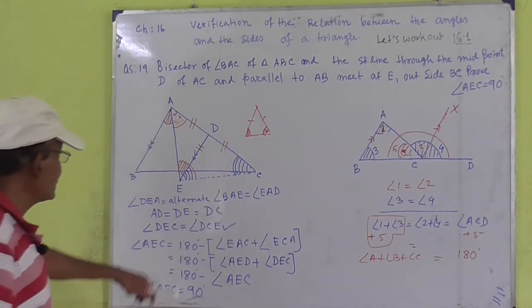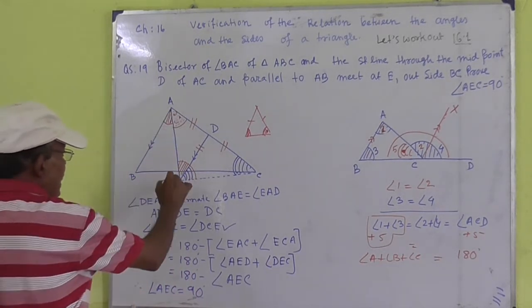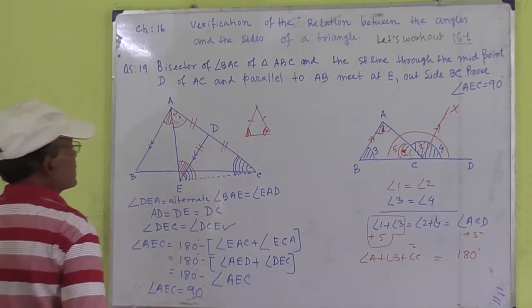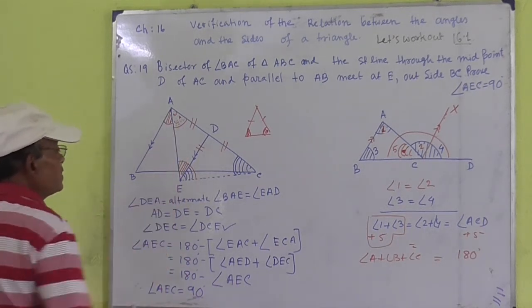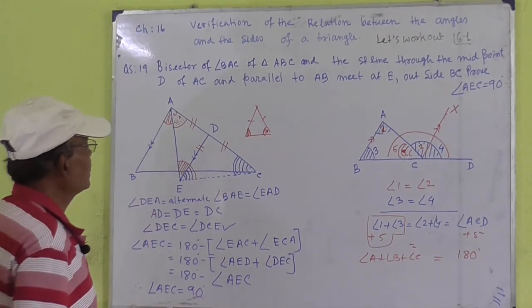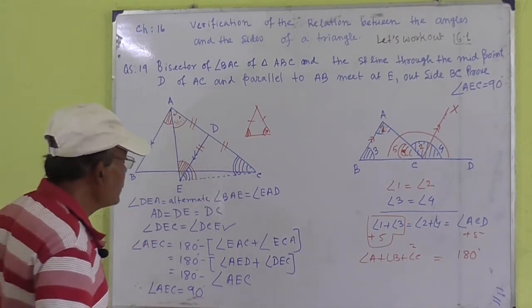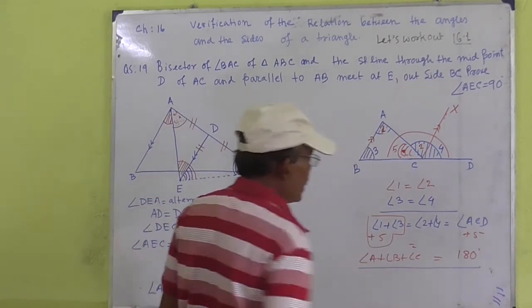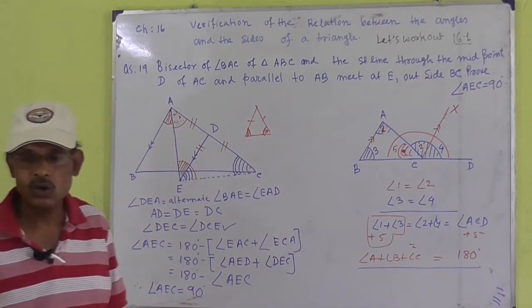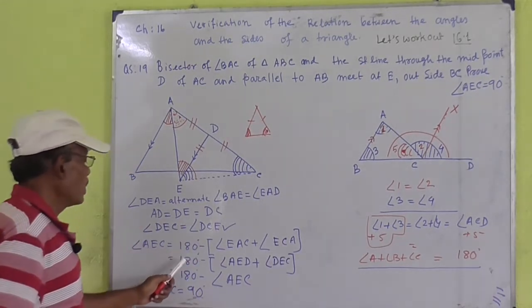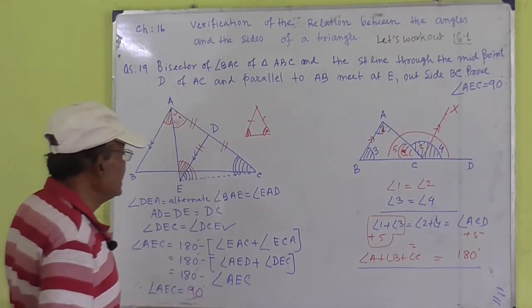So, angle AEC equals 180 minus angle EAC plus angle ECA, because the sum of the angles of a triangle is 180 degrees. Now, 180 minus angle AED.